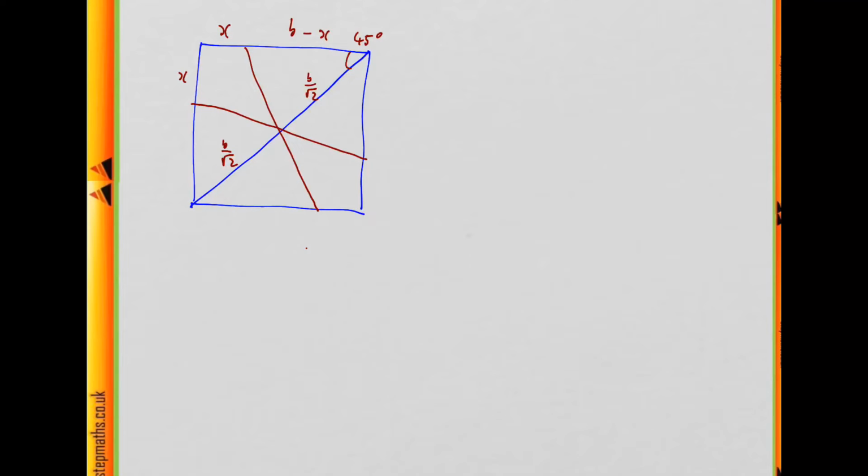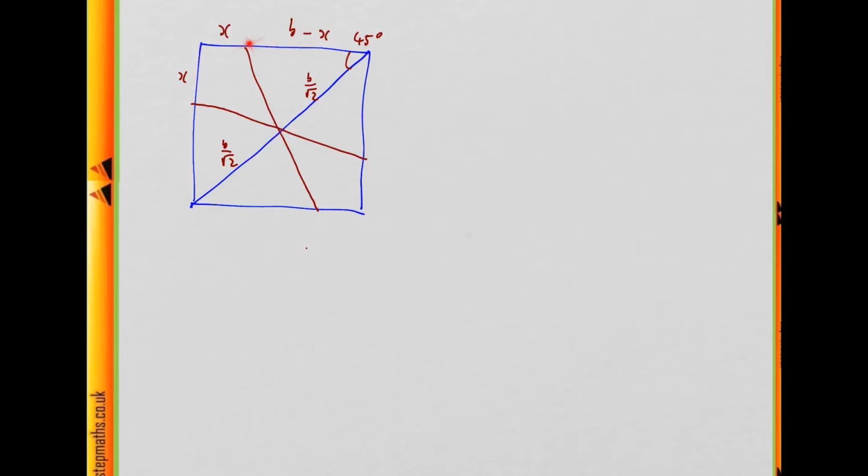Okay, so here's my square. I've got the diagonal. What's the length of the diagonal? It's b times root 2. And I've cut this into half, so each of these parts is b over root 2 because it's half of b root 2. And that's good because it gives me a length in this triangle here. And I know this angle is 45 degrees.